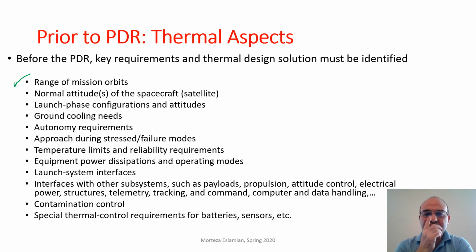The period changes, and the period of eclipse changes, and so on and so forth. Then the normal attitude of the spacecraft: what part of the satellite is facing the sun, what part of it is facing the earth, and so on.